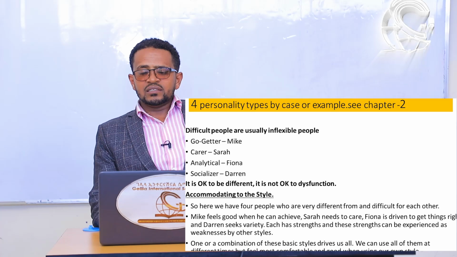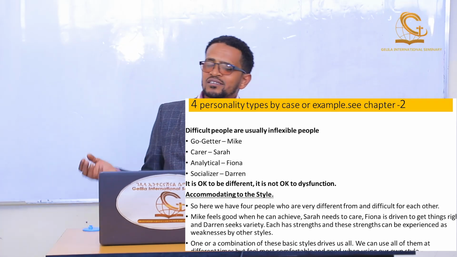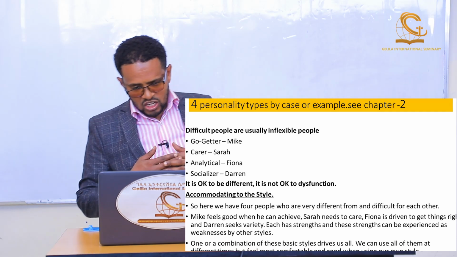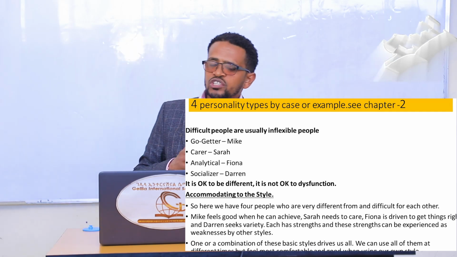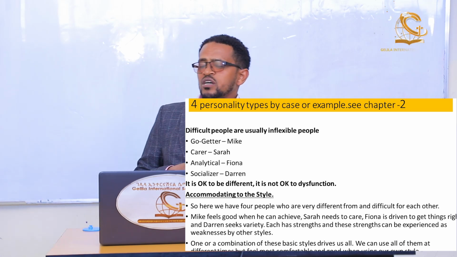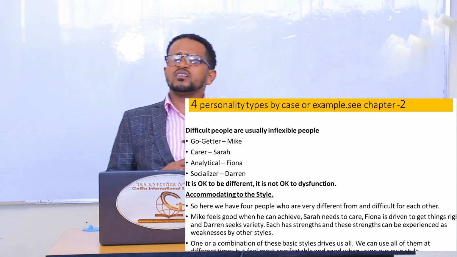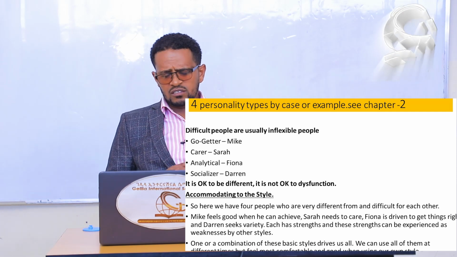For personality types by case or example, see chapter 2. We have so many cases as well as examples. You have to read from your course materials that difficult people are usually inflexible people.